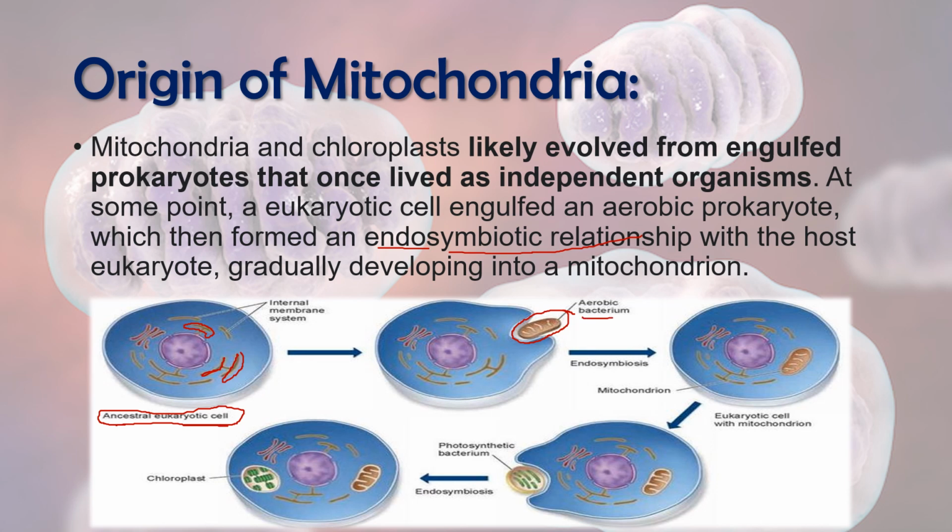So it is thought that an ancestral eukaryotic cell engulfed aerobic bacteria, and when it comes inside this cell, it forms a symbiotic relationship with the ancestral eukaryotic cell and finally forms a mitochondrial structure. This theory is also true for the chloroplast, but in the chloroplast case, the bacteria was a photosynthetic bacterium.